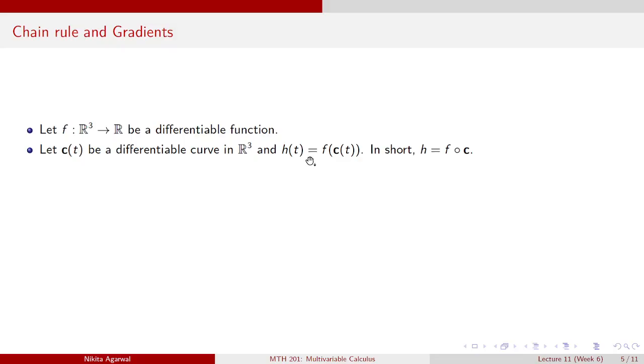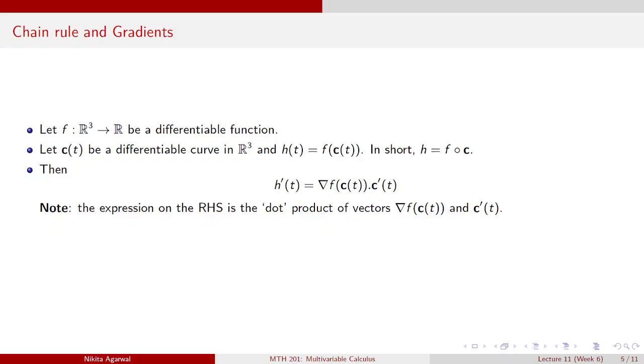Now you define this function h(t) equal to f of c(t), which means that you are looking at the values that the function f takes on this curve. So instead of looking at values on all of R3, you just focus on this particular curve in R3 and you see what values the function takes on this curve. So this can also be written in this notation h is equal to f composed with c. Okay.